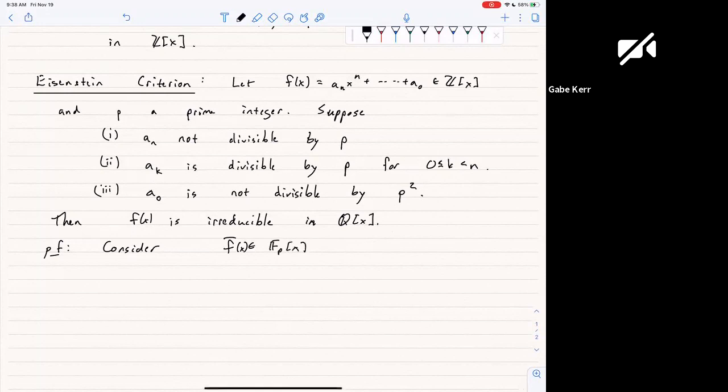What is it? Someone can tell me what it is. Yeah, a_n x^n. Exactly. It's just because of property 2 here. All of the other coefficients are divisible by p, so everything is 0 there.